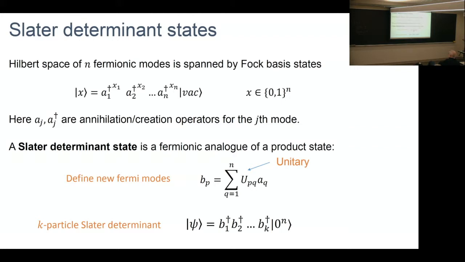So for any choice of unitaries, these are n by n unitaries. These are very small unitary matrices. We're living in a 2 to the n dimensional space. So we can define new fermionic modes for any choice of n by n unitary, and that defines a Slater determinant state. We apply k of these. Okay, so this is some interesting set of states. This is used in quantum chemistry.